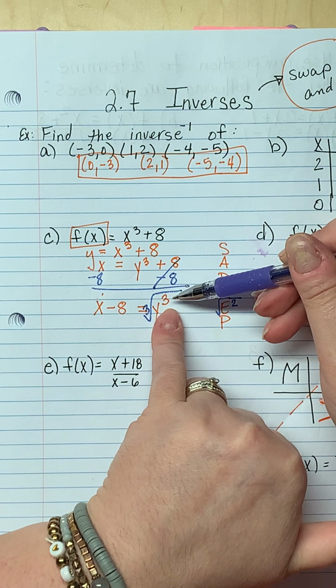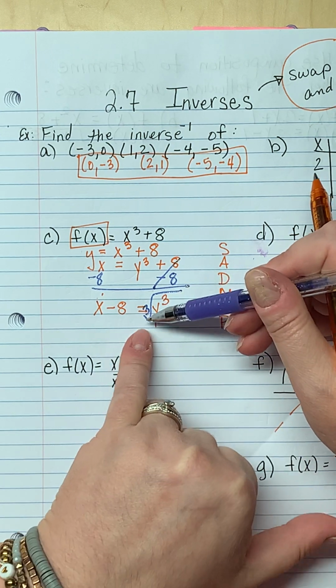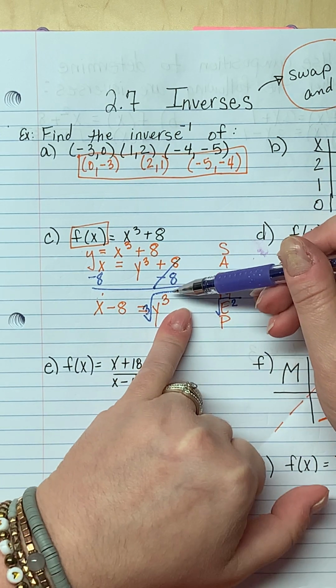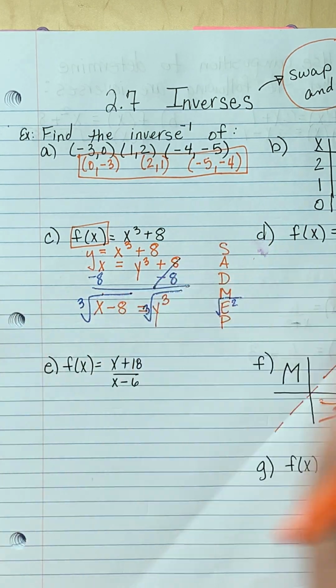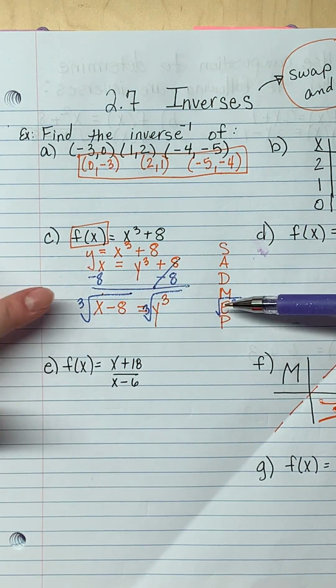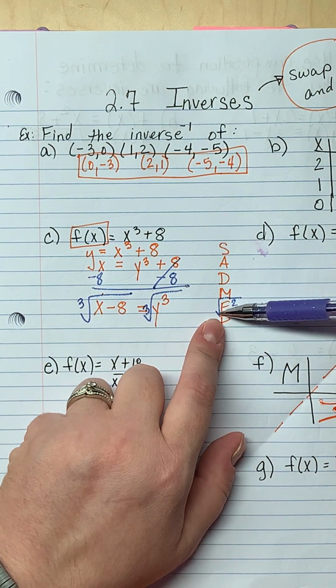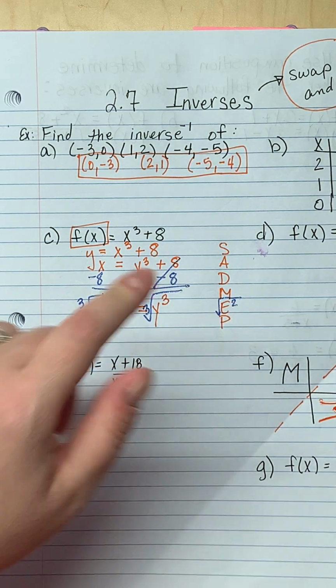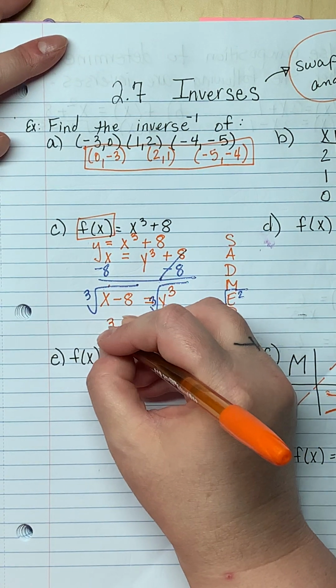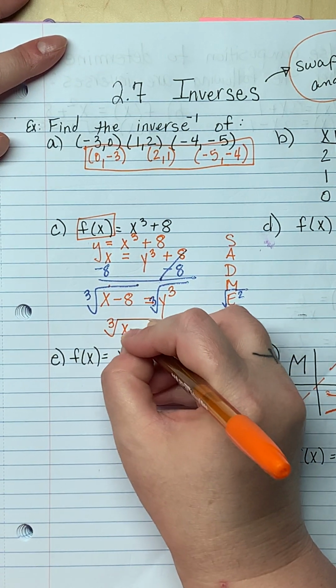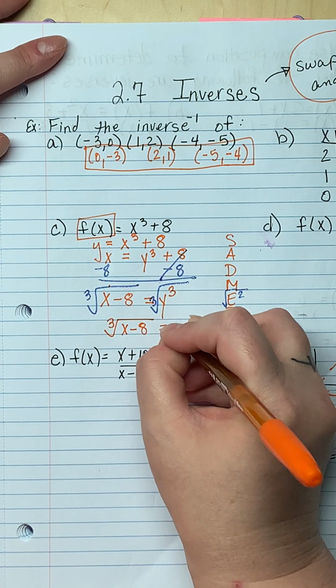So whatever number's in the little air goes in your little crook. So since we have a y cubed, we're taking the cube root. When we take the square root, we don't have to put a tiny little 2 in the crook. It's pretend. Okay, so we get cube root of x minus 8 equals y.